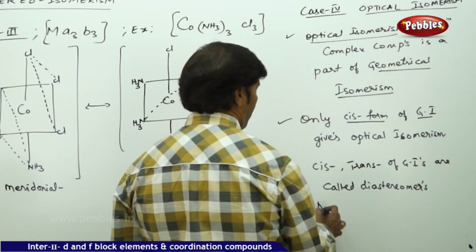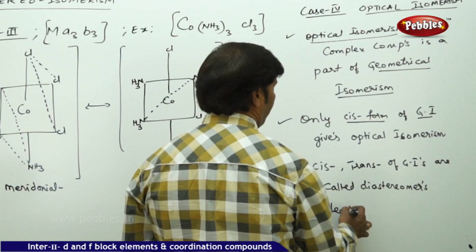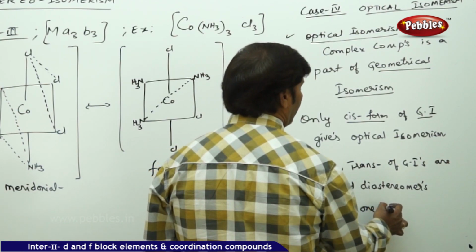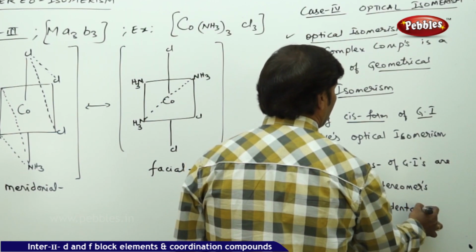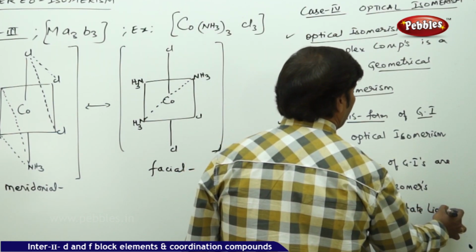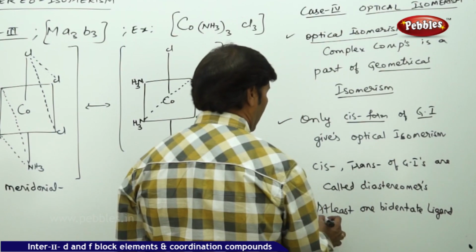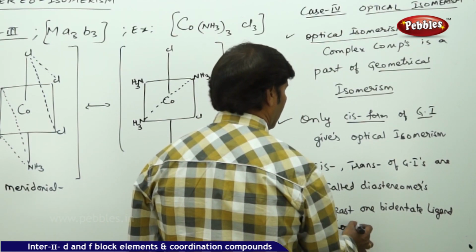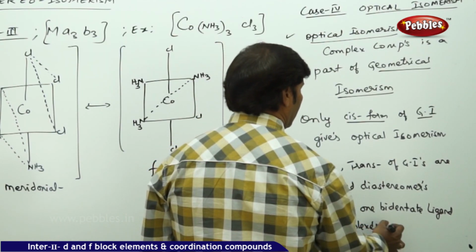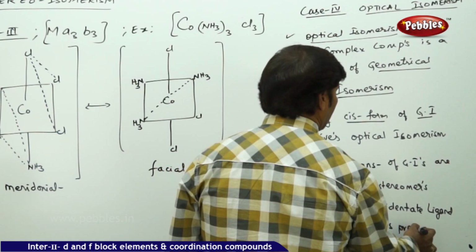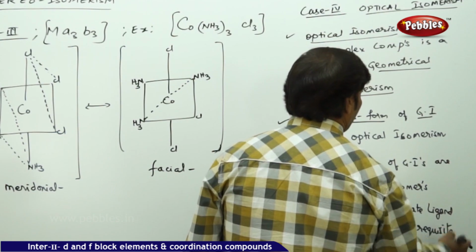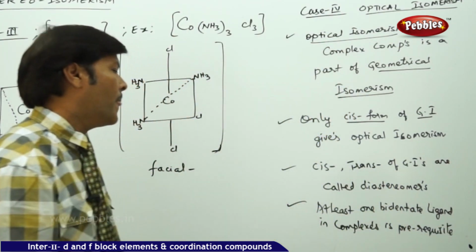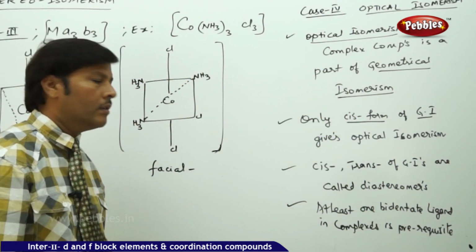At least one bidentate ligand in the complexes is a prerequisite. Bidentate ligand in the given complexes is a prerequisite.